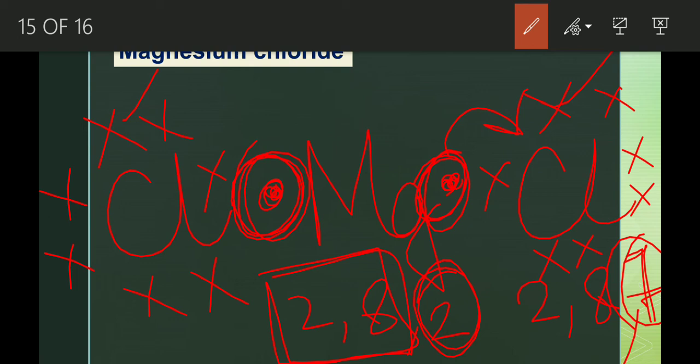If this chlorine gains this electron, then it will complete its octet. So magnesium will give this particular electron to this chlorine and this particular electron to the other chlorine. That's how magnesium will lose 2 electrons and each chlorine will gain 1 electron from magnesium.